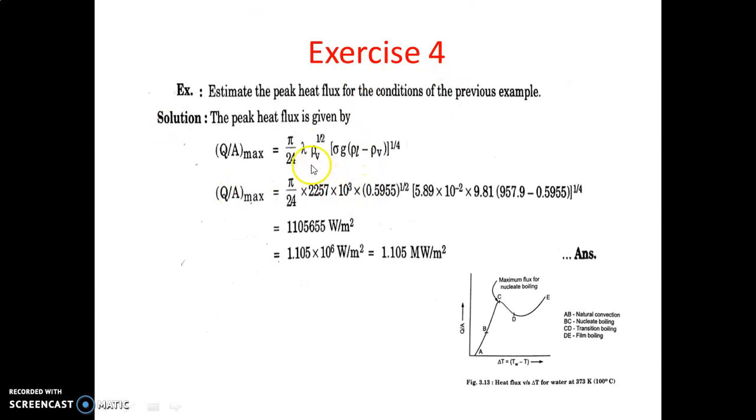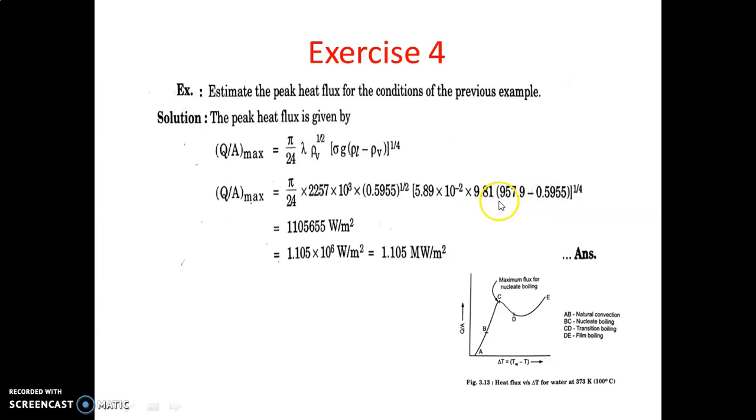Lambda is given as 2257 into 10 to the power 3, that means joules per kg. Then the vapor density is mentioned here. Then sigma, that means surface tension, multiplied by the gravitational constant, that is 9.81.